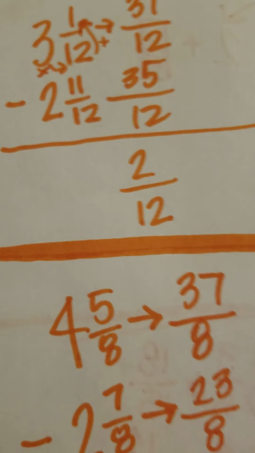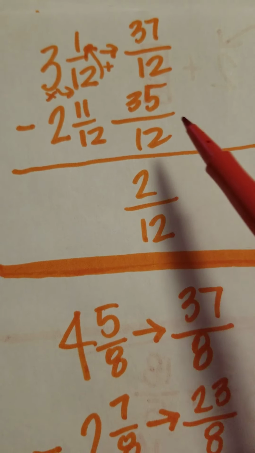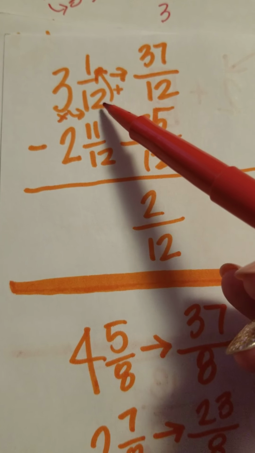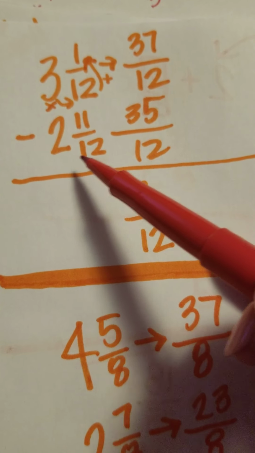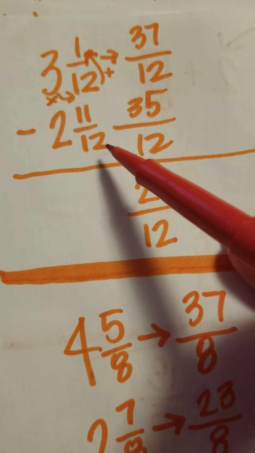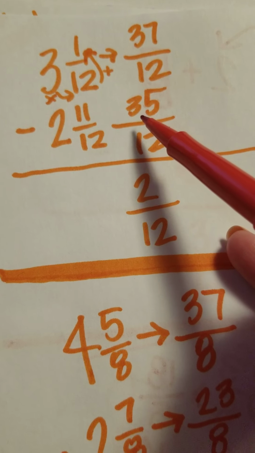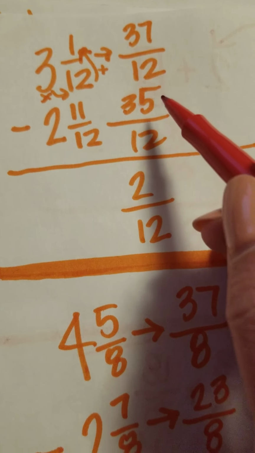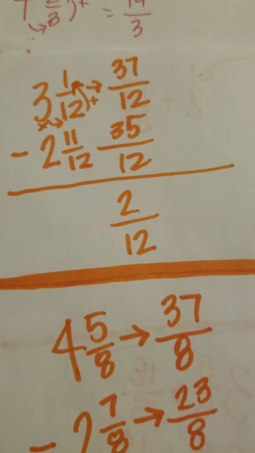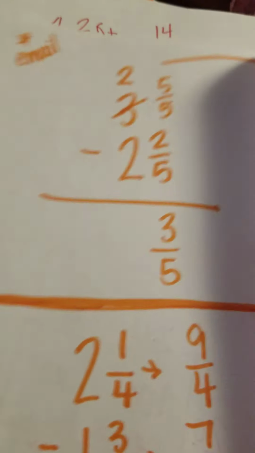Here was number 4 that I worked on earlier. We said 3 times 12 is 36, plus 1 is 37. 2 times 12 is 24, plus 11 is 35. So then 37 subtract 35 is 2. And we keep our denominator because we don't mess with the denominator.